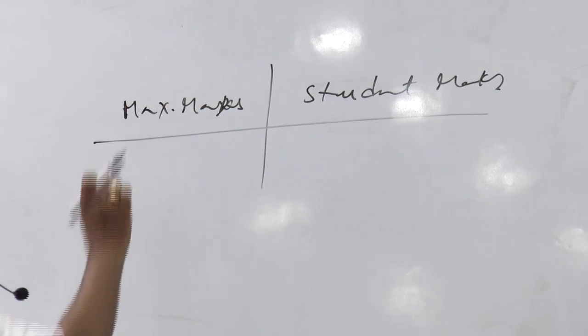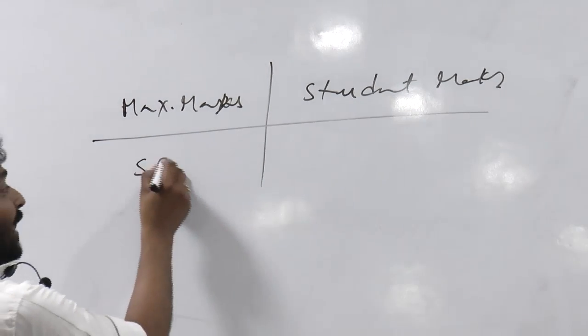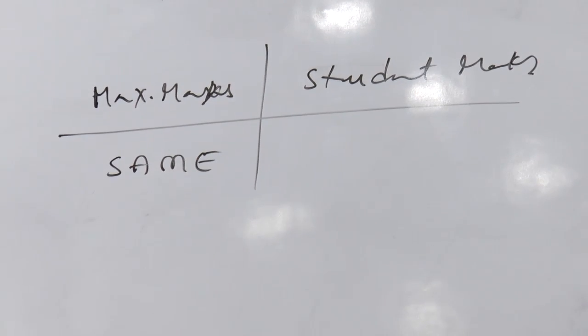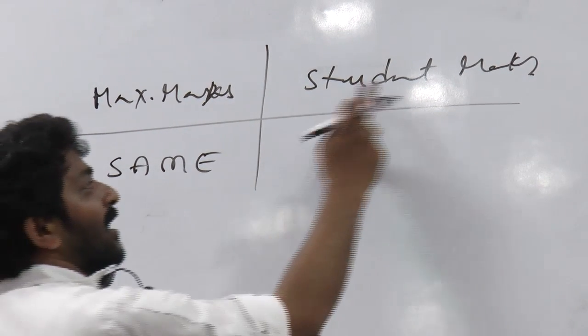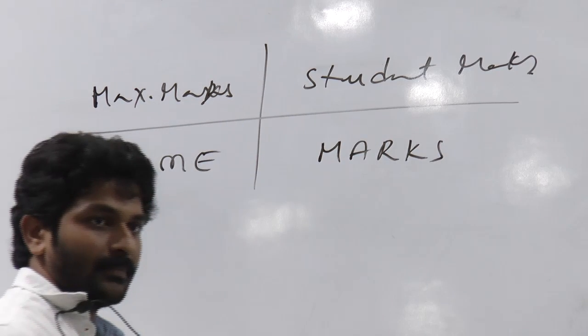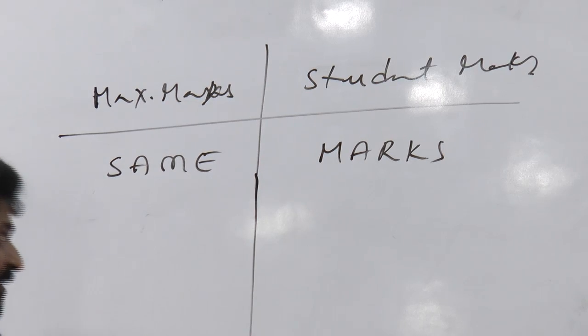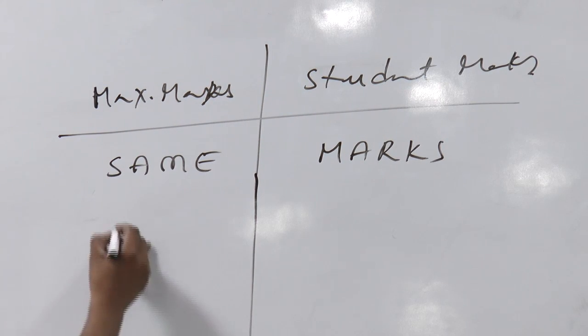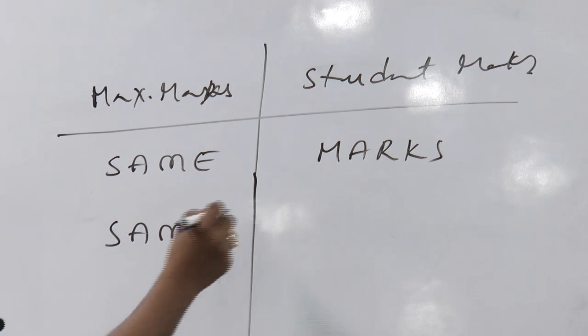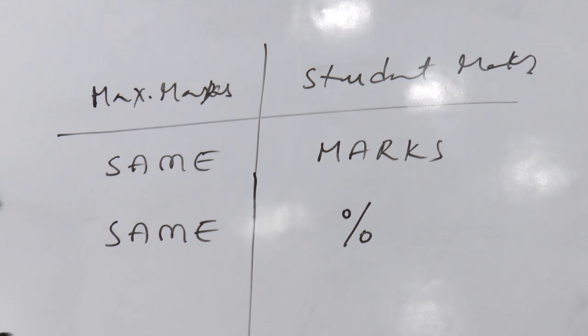If the maximum marks in every subject have the same value, and student marks are given in number of marks, this can be one of the cases. Second case, maximum marks in every subject are the same, and student marks are given in percentage.